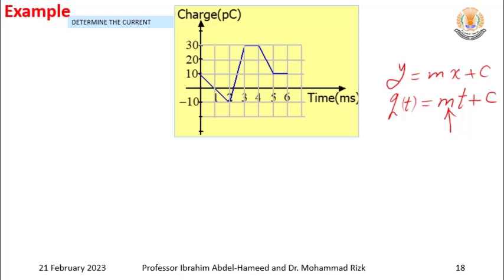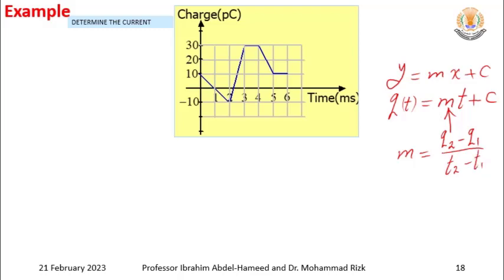And what's the definition of the slope? High school. m is delta y over delta x, so y2 minus y1 over x2 minus x1. In our case, m is q2, end, minus start, over t2 minus t1.